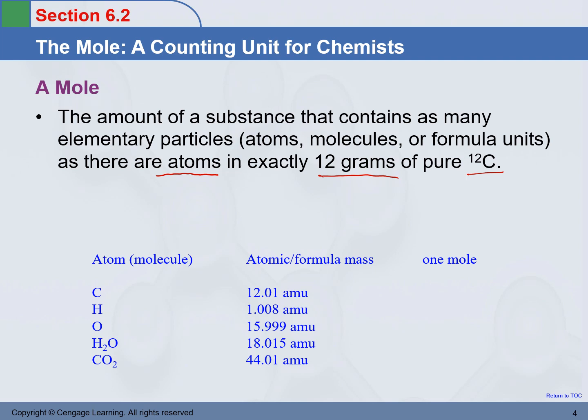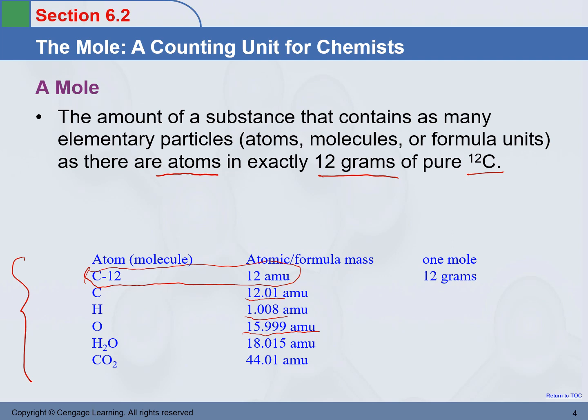Well, here we go. Let's come to the atomic mass definition. The atomic mass of carbon is 12.01, hydrogen 1.008, oxygen 15.999. They are all defined. These are the mass of one atom, when the mass of one carbon-12 atom is defined as 12 AMU.